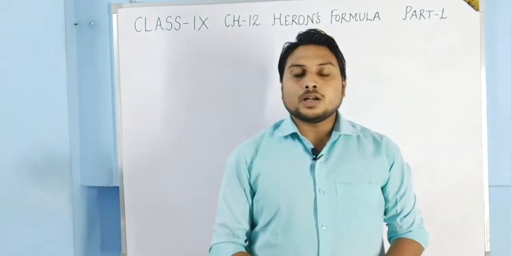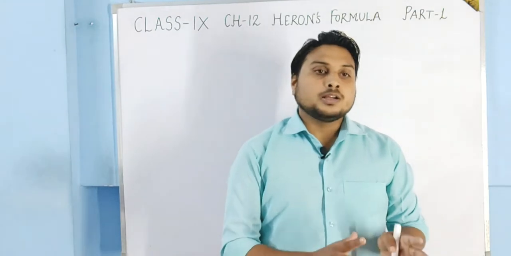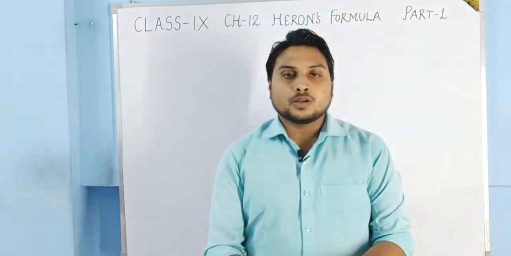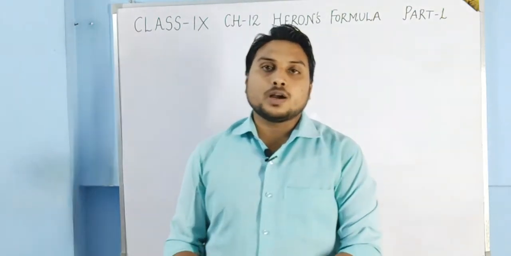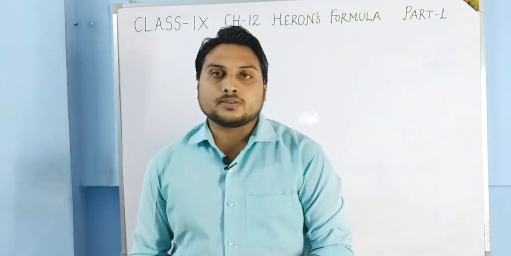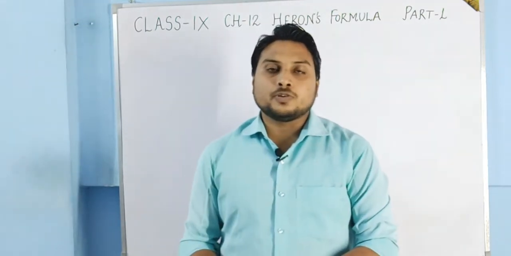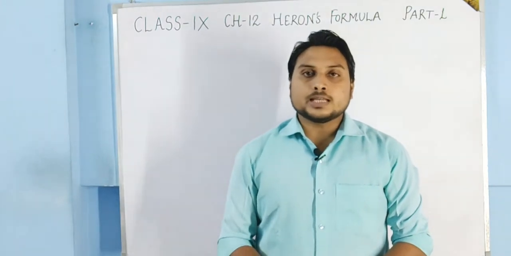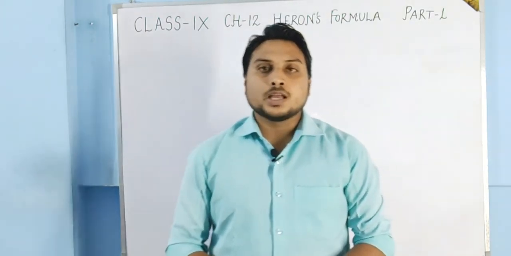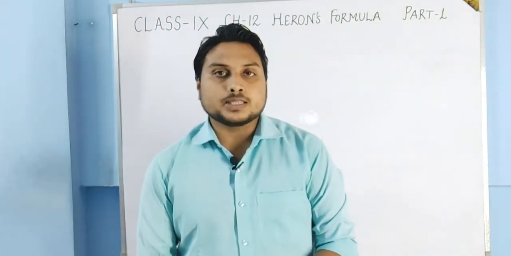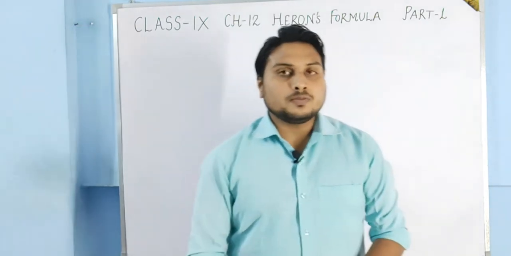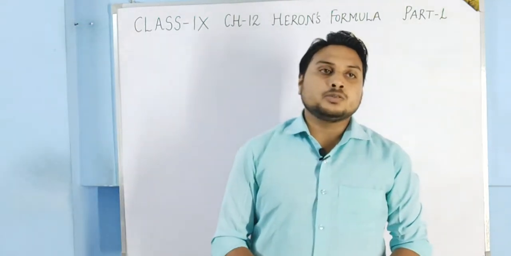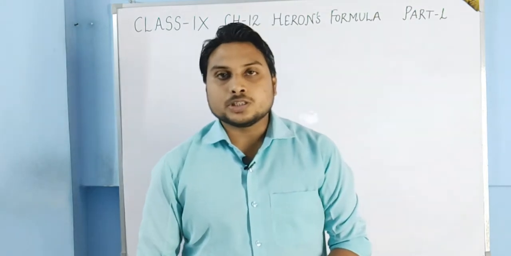It means we cannot do the application of Heron's formula for finding the area of quadrilaterals. That topic is now removed. So only one exercise is now in your syllabus, that is 12.1 from NCERT. We'll solve questions of NCERT and we'll do some extra questions from R.D. Sharma of this chapter.